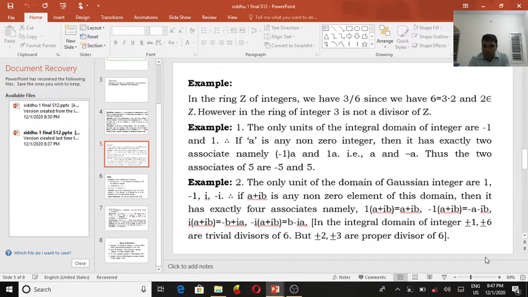Plus or minus 2 and plus or minus 3 are called proper divisors of 6. Take one more example, 15, which is 3 into 5. Plus or minus 1 and plus or minus 15 are trivial divisors. Plus or minus 3 and plus or minus 5 are proper divisors of 15.